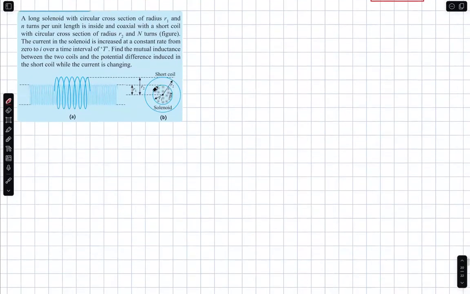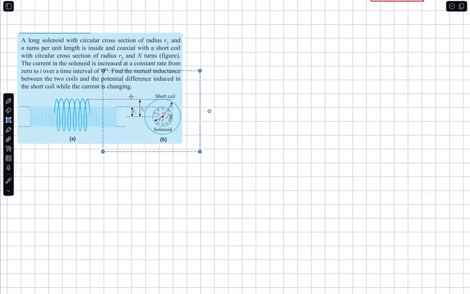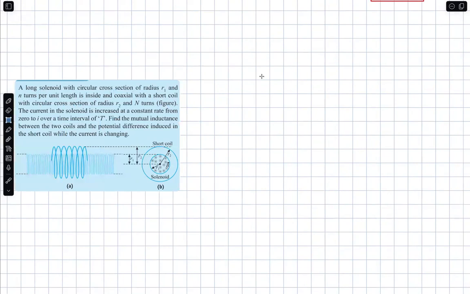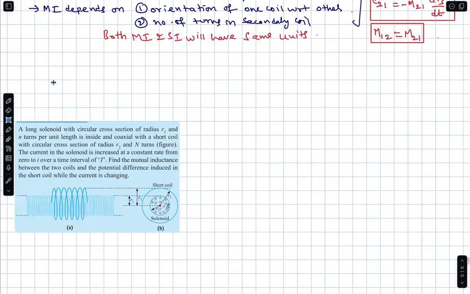Actually, I just want to post one more piece of information for you before I do this problem. For example, you have an arrangement like this.